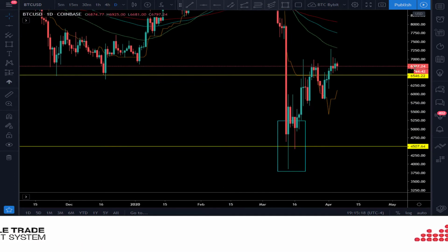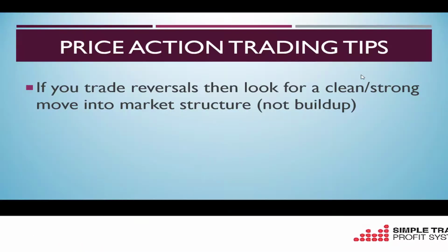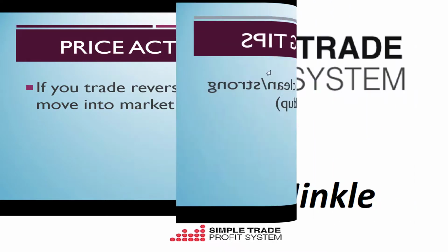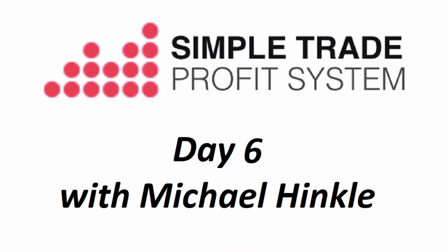So those are my 3 tips. Just to recap: set your stop loss a little bit farther away from the support or resistance to give it some breathing room. Second tip is if you're trading the breakout, you want to see accumulation or buildup underneath or above market structure.